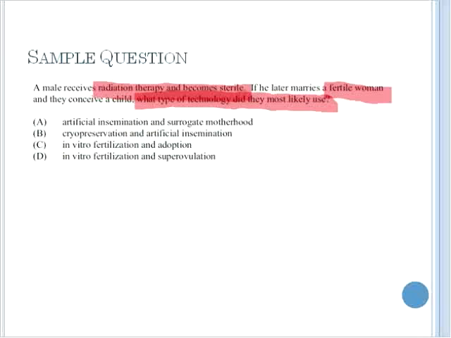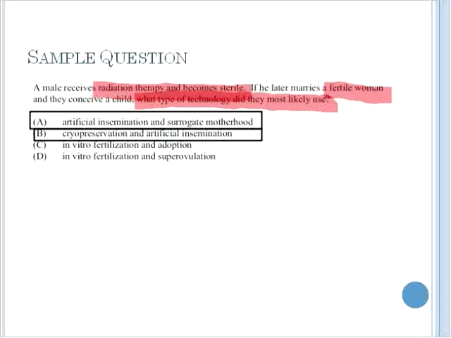The answer then would fall to A, artificial insemination and possibly surrogate motherhood. Or B would also be acceptable. In this exam, both of these were accepted as correct answers. Cryopreservation would certainly be the one of choice, but A was accepted that year.